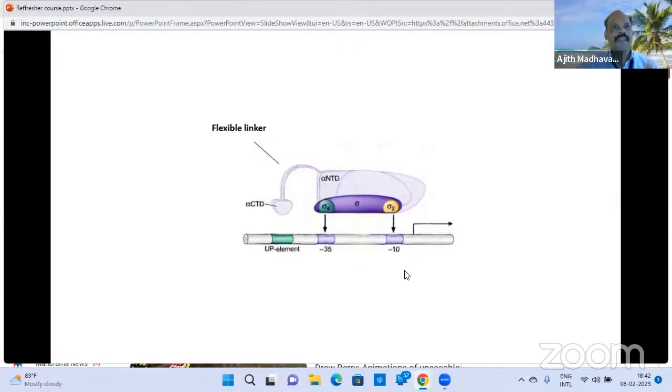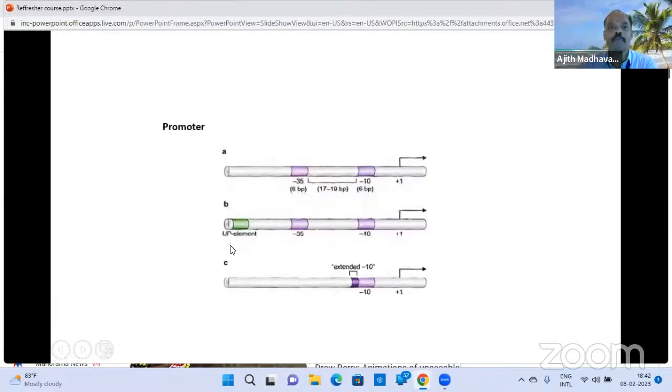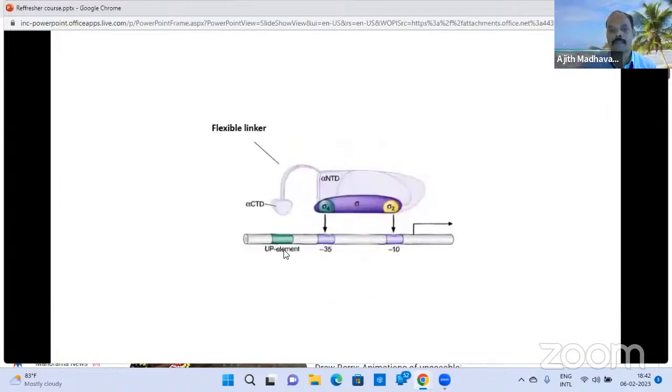The polymerase recognizes this pattern. You have to have a minus 10 region, a minus 35 region. In certain instances, you can see an UP element. UP meaning upstream element, nothing to worry. You know what is upstream? Upstream element.